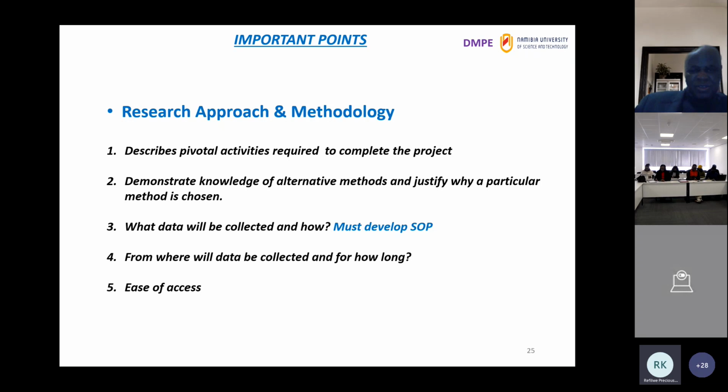Because after 8 months, if it is found out that you used the wrong methodology or the wrong approach, or the steps were not followed properly, that body of knowledge and data collected will be useless and time wasting. So you have to develop a standard operating procedure at the beginning before you touch any research activity, so that you get approval and the go ahead.